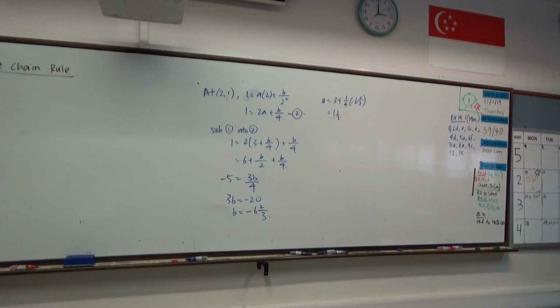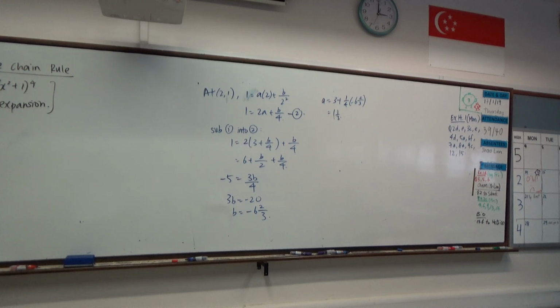So the chain rule basically addresses how we differentiate things like, for example, y equals x squared plus 1 to the power of 4, without expansion. This is what the chain rule is supposed to address.